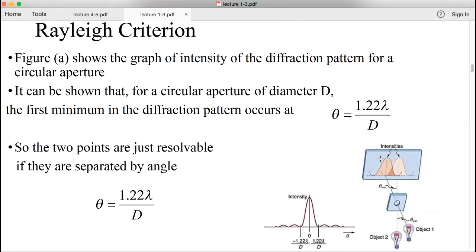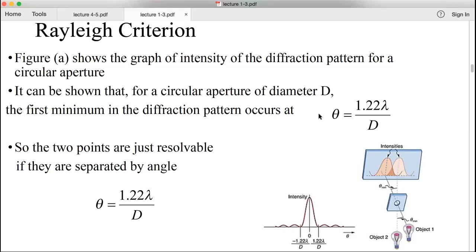So in this case, you can barely resolve these two particles. The mathematical expression for this: here, figure A shows the graph of intensity of the diffraction pattern for a circular aperture. It can be shown that for a circular aperture of diameter d, the first minimum in the diffraction pattern occurs at theta equals 1.22 lambda over d.